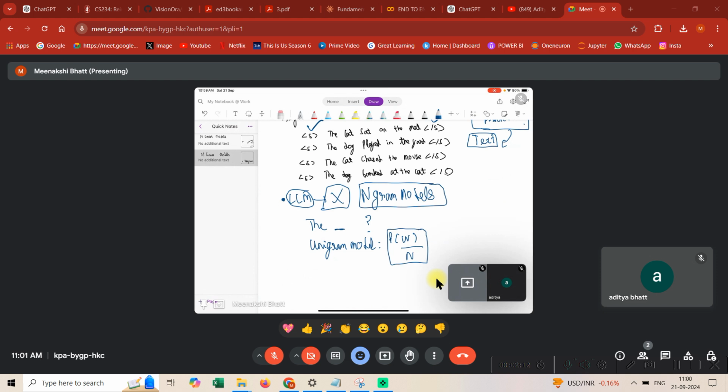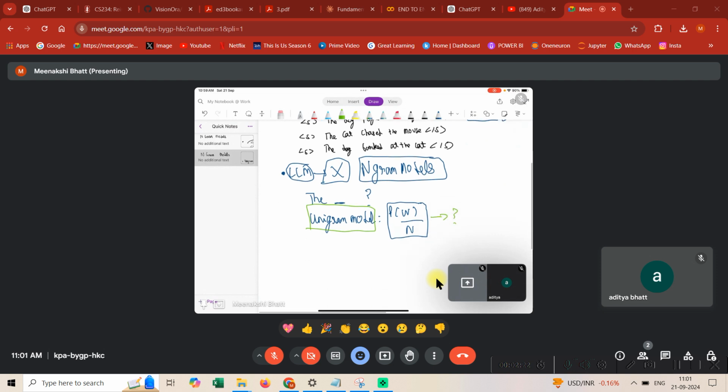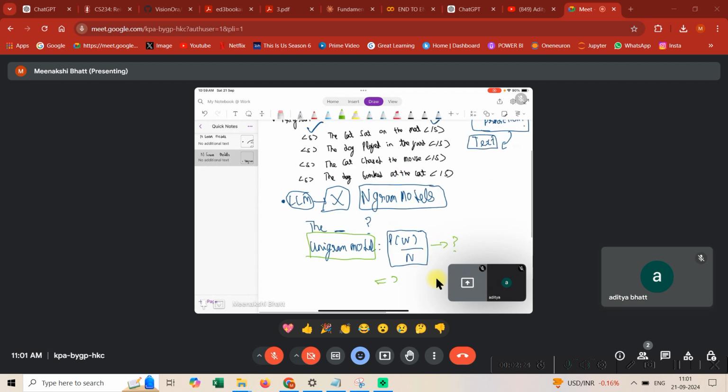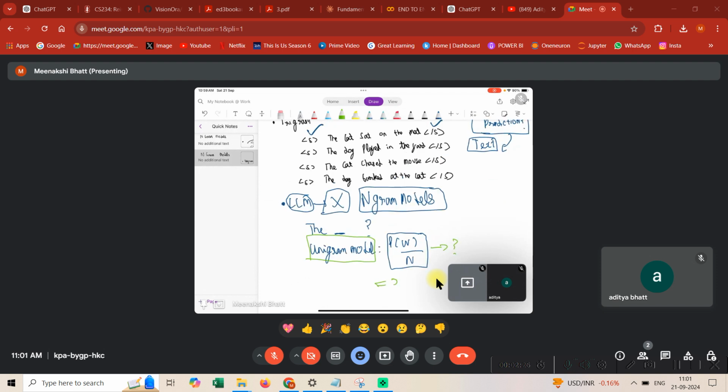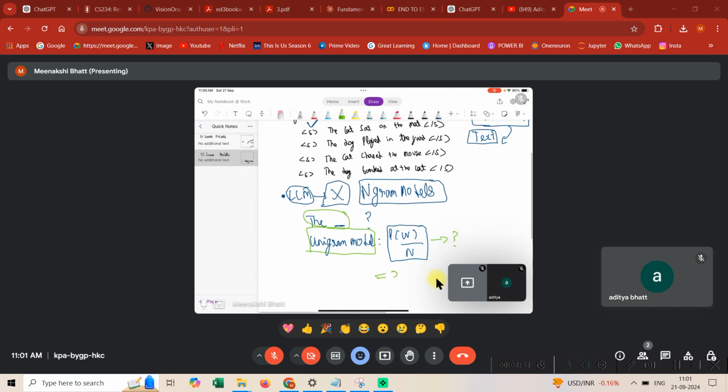But the thing guys here is that we are talking about unigram models. In a unigram model, all you need to do is calculate this for each word. The main problem statement that we are dealing with is: what is the next word which will come after "the"? So let's start with cat. Let's assume cat will come. What is the probability of cat?